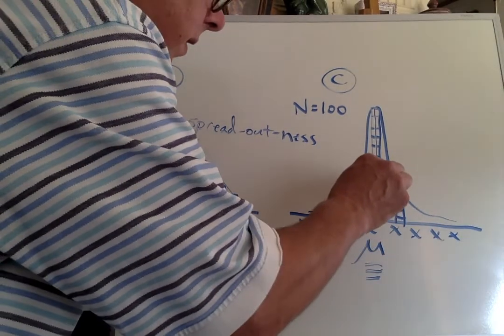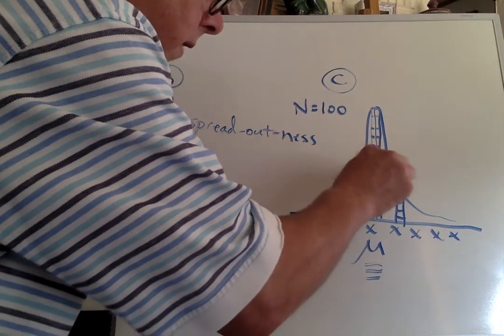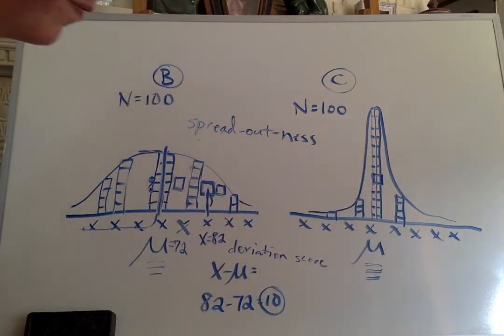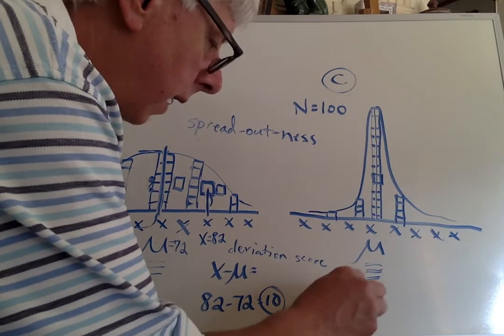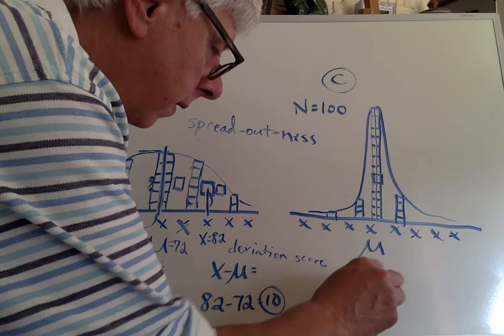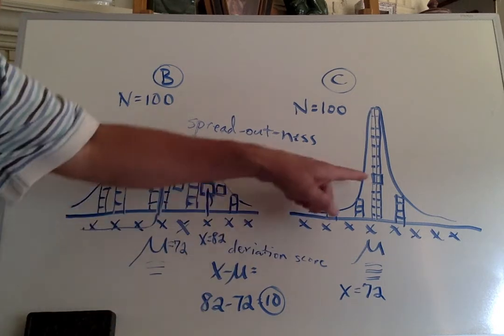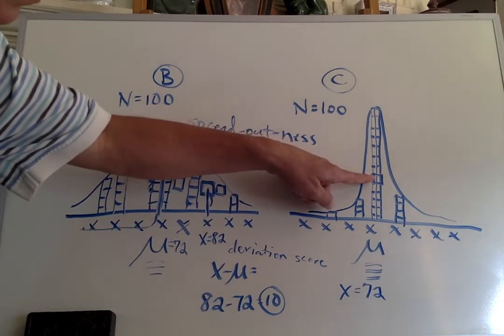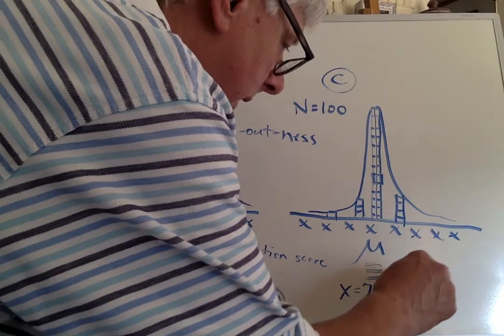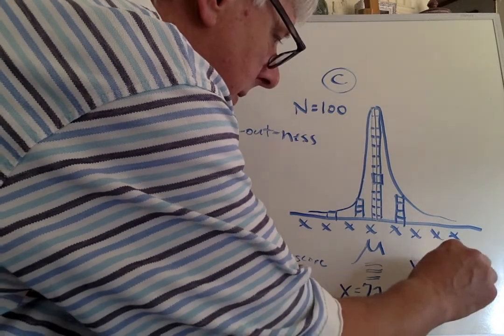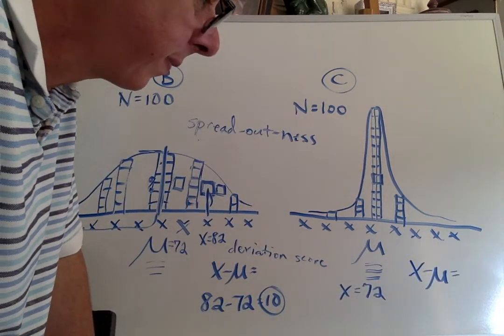If we went over here and I took this score, which is x equals 72, what's the deviation score for this score? Well, I'm going to take x minus my mean and get the answer.